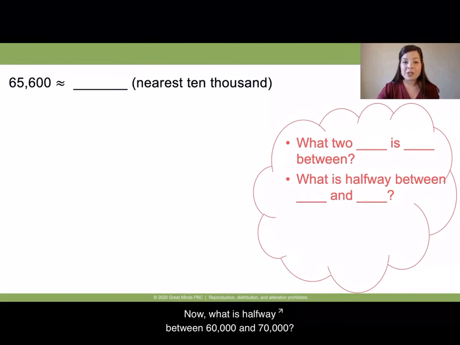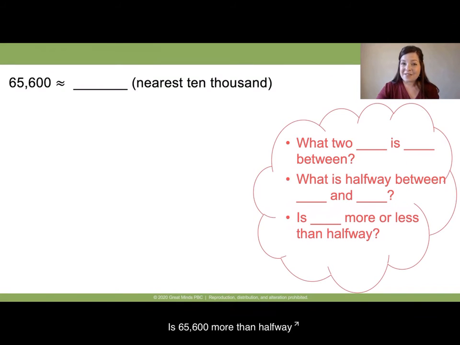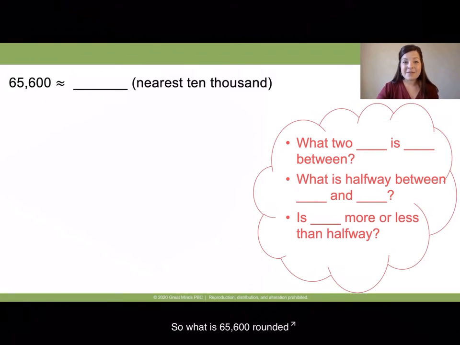Now, what is halfway between 60,000 and 70,000? 65,000 is halfway between 60,000 and 70,000. Is 65,600 more than halfway or less than halfway? It's more than halfway. So what is 65,600 rounded to the nearest 10,000? It's 70,000. Is that what you said?